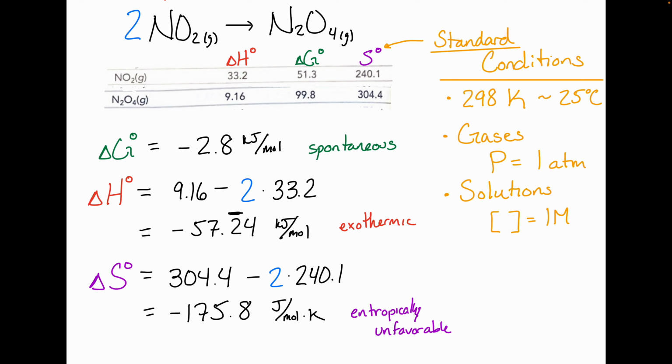All right, so again, don't worry. I know you're all bummed out. We have a way to deal with it. All right, we can calculate delta G for any initial conditions.